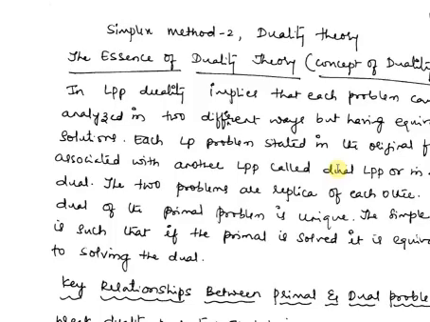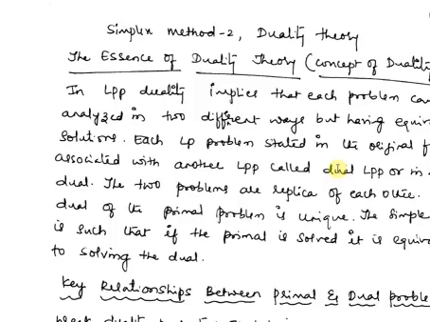So basically, duality in linear programming implies that each problem can be analyzed in two different ways, but having equivalent solutions, like the example that I gave just now.